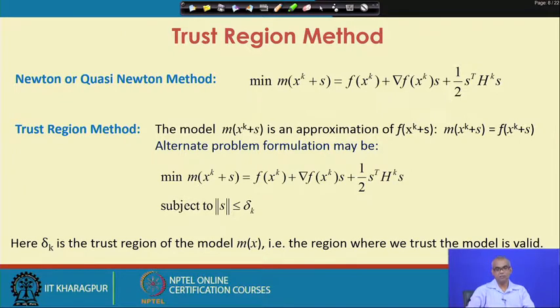So, norm of s is less or equal to a parameter delta. So, delta_k is the trust region of the model m. That is the region where the model is trusted to be valid.